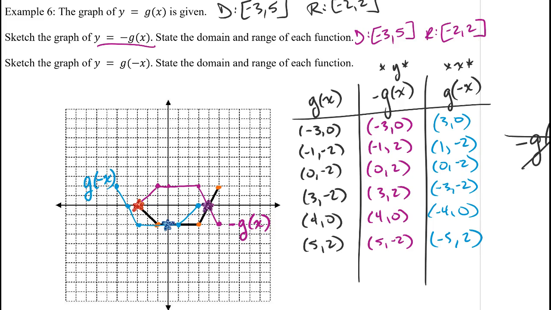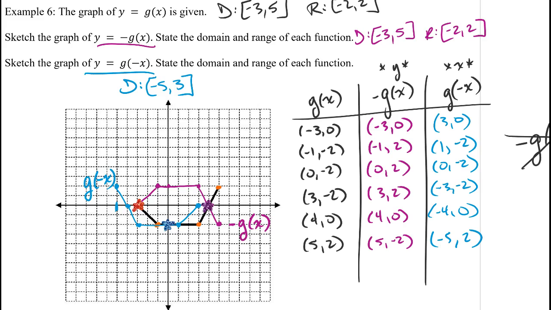So you might be able to predict what's going to happen with my domain and range of this function where I reflect over my y-axis though. And what we see there is that my domain has changed. I'm now at -5 as my minimum. I'm at +3.